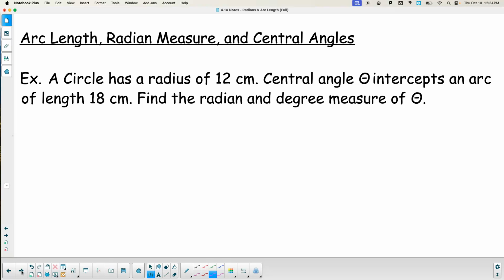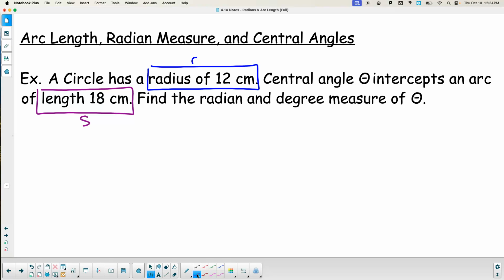A circle has a radius of 12 centimeters. Well, that tells me right there that radius of 12 centimeters, that's going to be R. Central angle theta intercepts an arc of length 18 centimeters. Well, this is going to be our arc length. That is going to be S. We need to find the radian and the degree measure of theta.